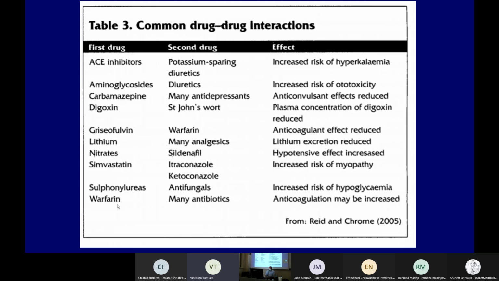The problem normally is related to drugs that act on particular diseases. In this case, you see warfarin.